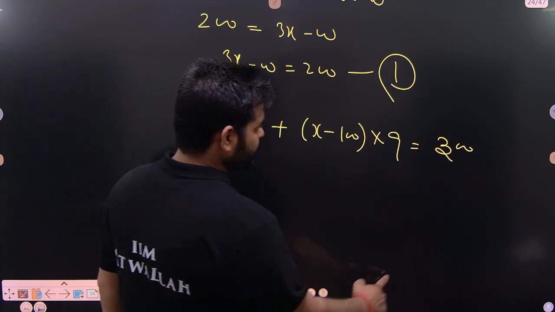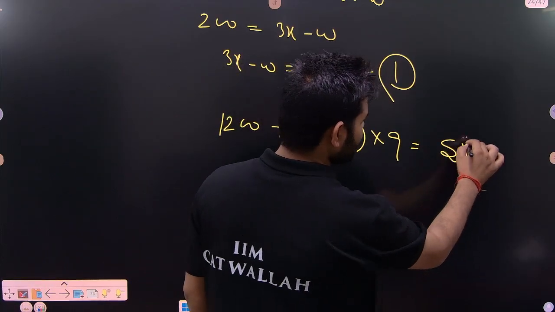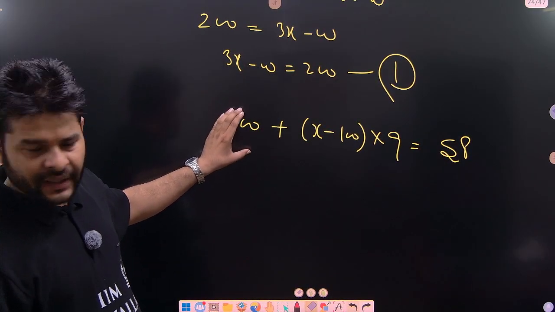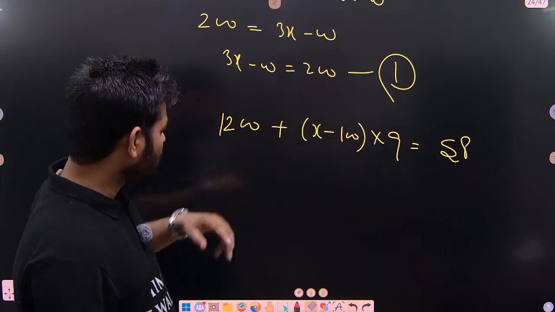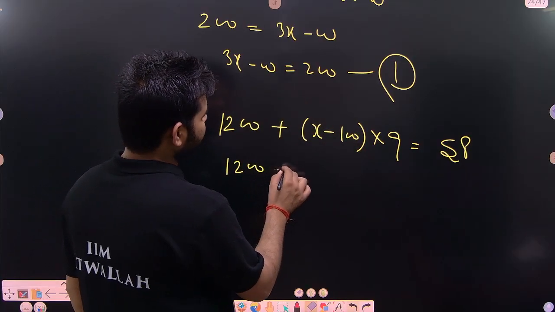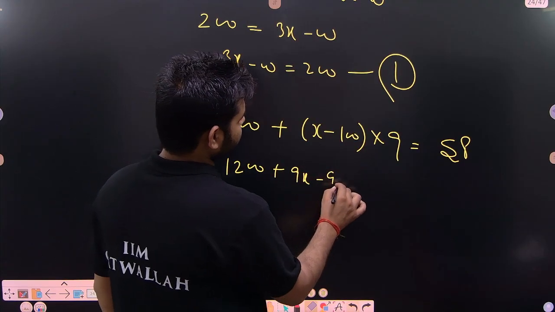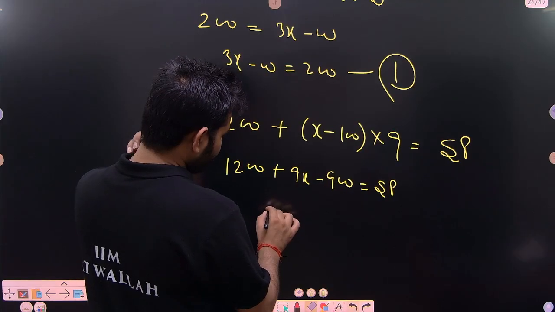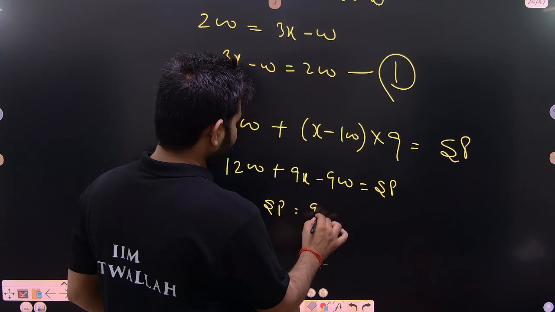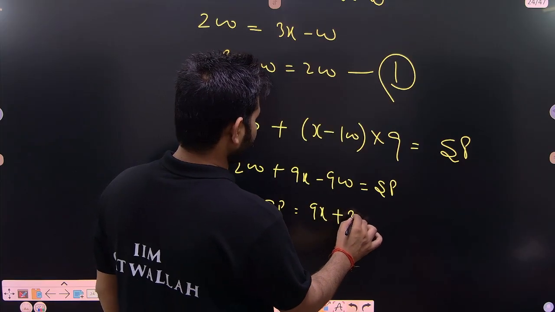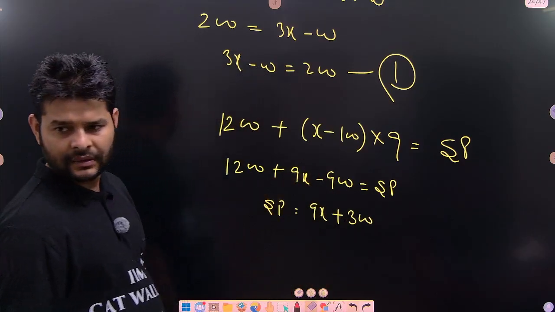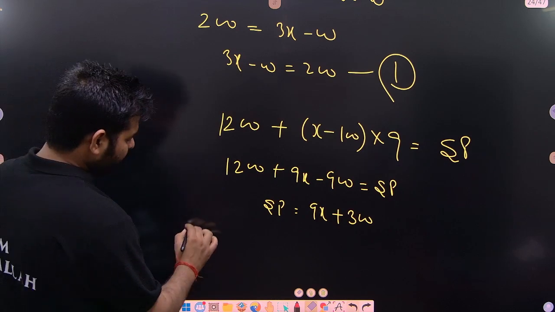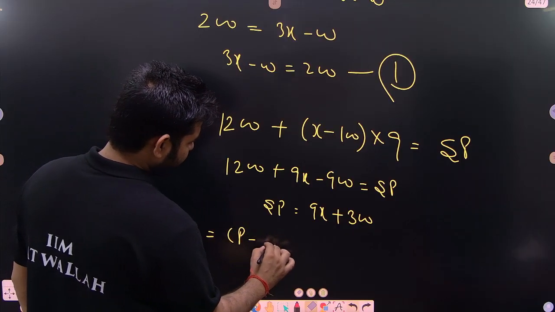First, that would be the SP: SP of 100 pens plus SP of the remaining pens. So total SP would be 1200 plus 9x minus 900, that is 9x plus 300. Now he gets a loss, and loss means CP minus SP.